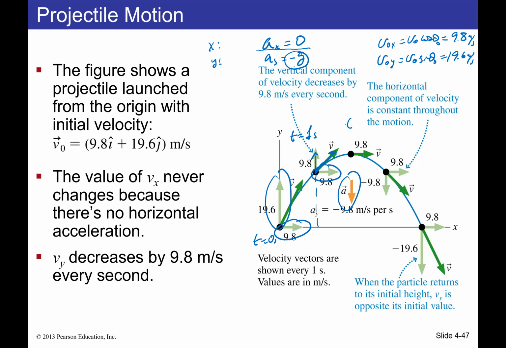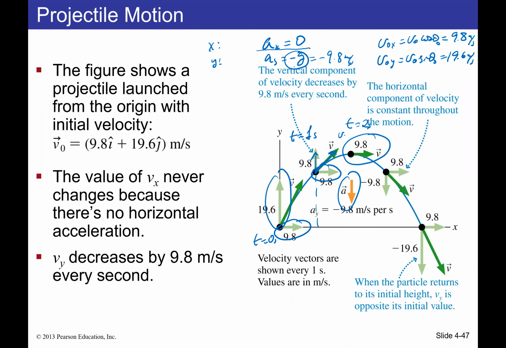How about t equals 2 seconds? Well, here's what I have. If you were moving at 9.8 meters per second in the y direction at t equals 1 second, then at t equals 2 seconds, it's going to decrease again by exactly this much, 9.8 meters per second downward. So if it was already 9.8, now it's going to be decreased by 9.8.